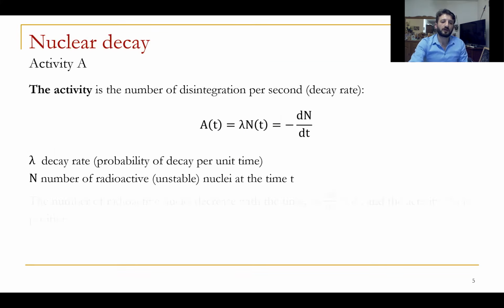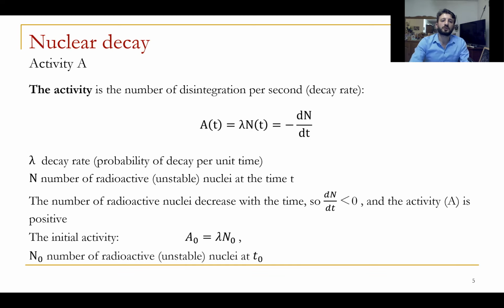First of all, we talk about the activity. We want to calculate the activity. The activity is the number of disintegrations per second. It means the activity of any element at a time t equals lambda times N of t, equals minus dN divided by dt.